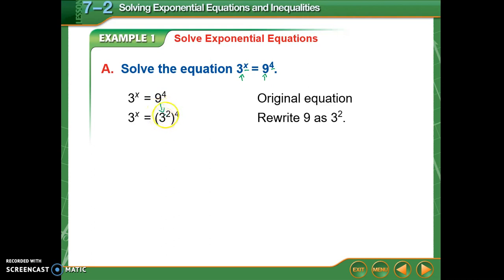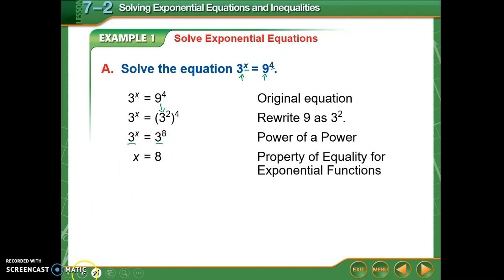I rewrite it like that. So now I have 3 squared to the 4th. So that gives me 3 to the 8th. So I have 3 to the x equals 3 to the 8th. Notice my bases are the same. That's the key here. So that means that x has to equal 8. If the bases are the same and they're equal, then the exponents have to be equal as well.